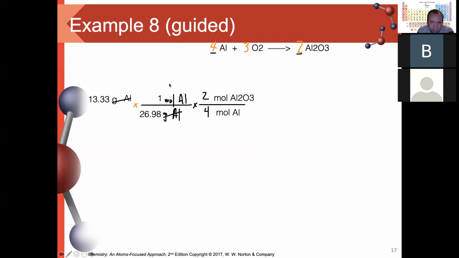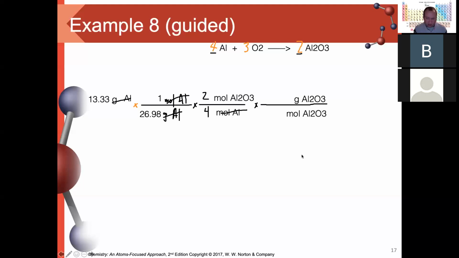Anyway, moles of aluminum have now canceled. I have moles of aluminum oxide. Last step, I need to convert that moles of aluminum oxide into grams of aluminum oxide. Once again, we're going to need the periodic table for that.